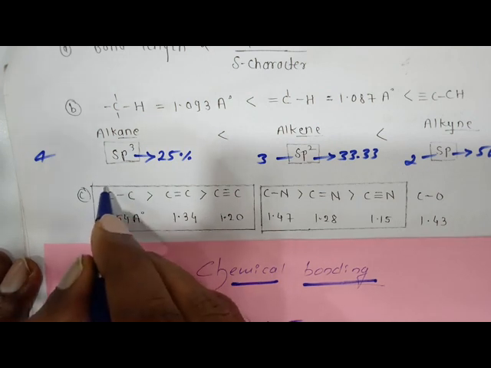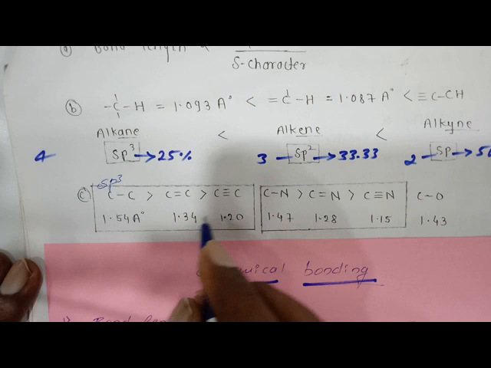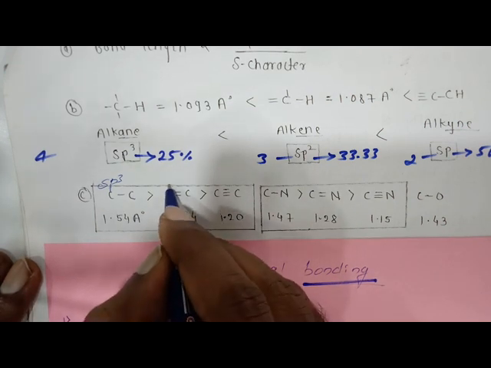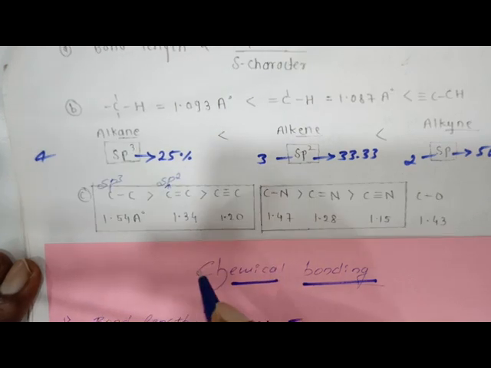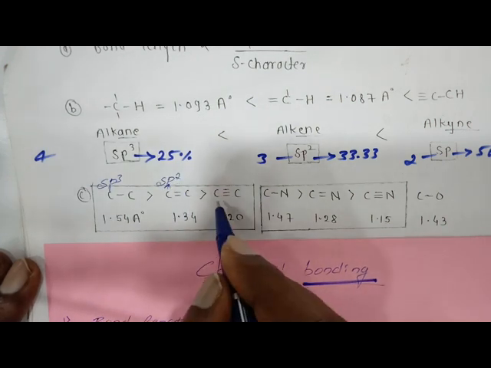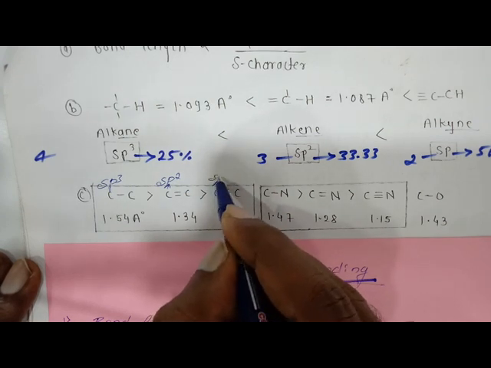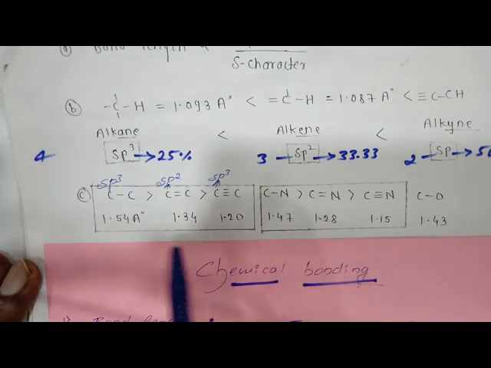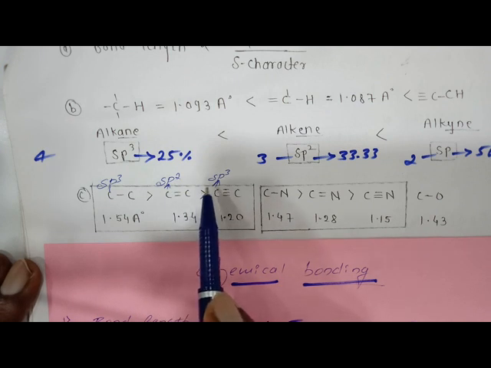Again in this case, the carbon-carbon single bond has sp3 hybridization. The carbon-carbon double bond has sp2 hybridization, and the carbon-carbon triple bond has sp hybridization.